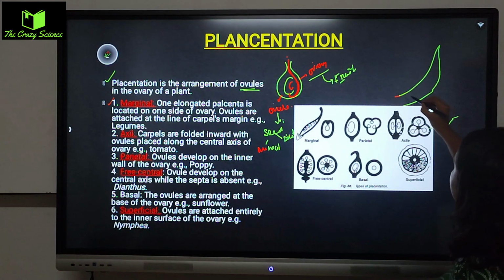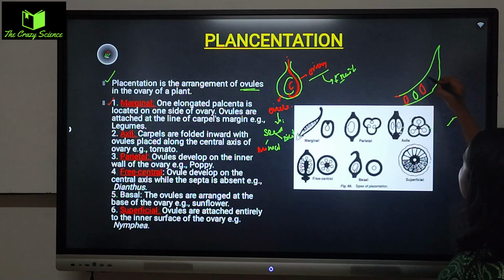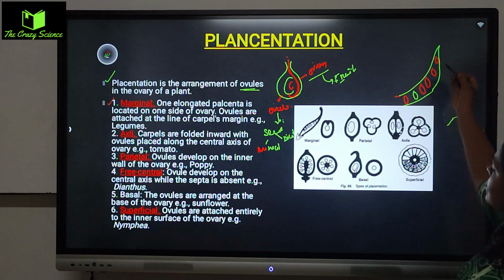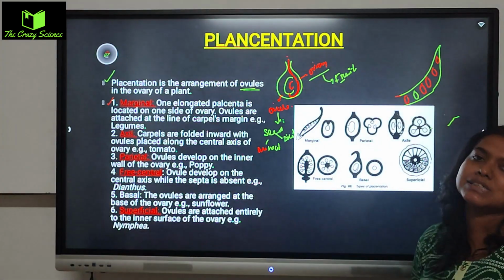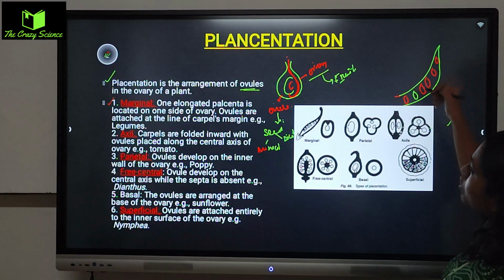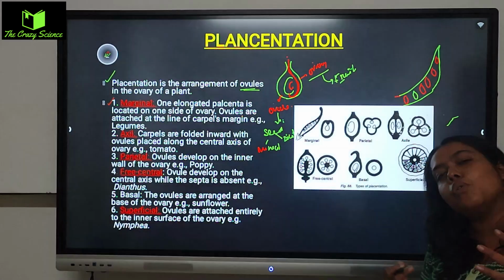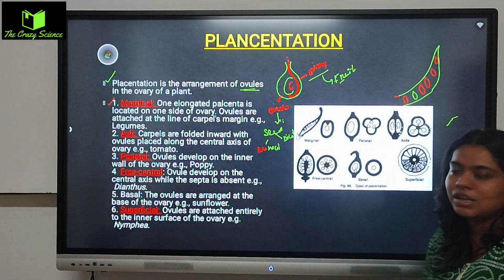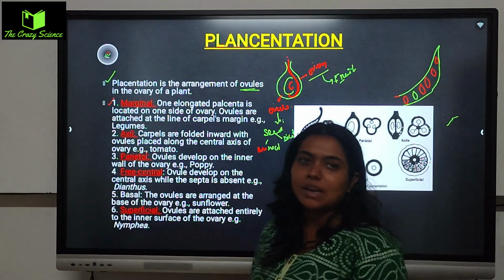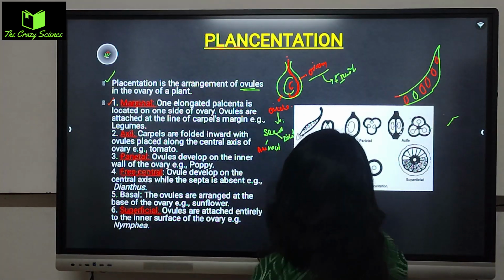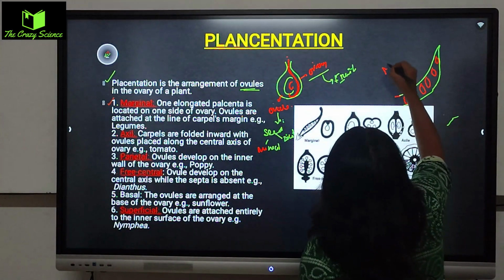So the ovules are present right at the margin of the carpel. Carpel means the stigma, style and ovary. And this is their actual position. Here there is only one elongated placenta, and these ovules are attached to the carpel, in a line along it. So this is called marginal.